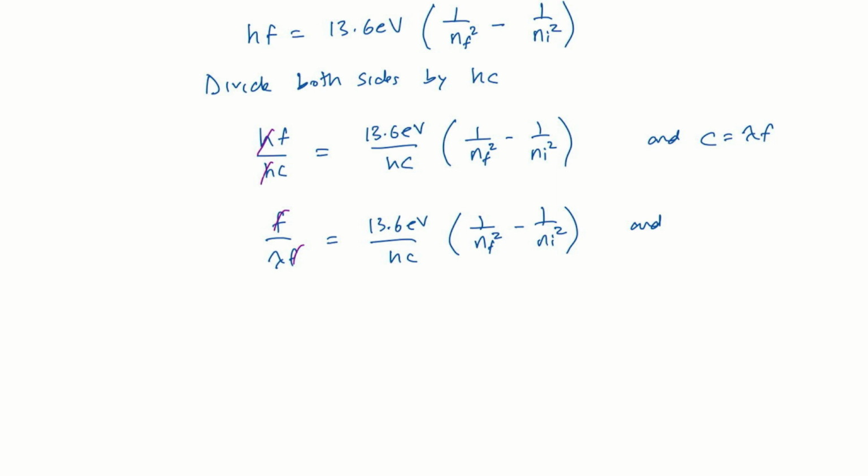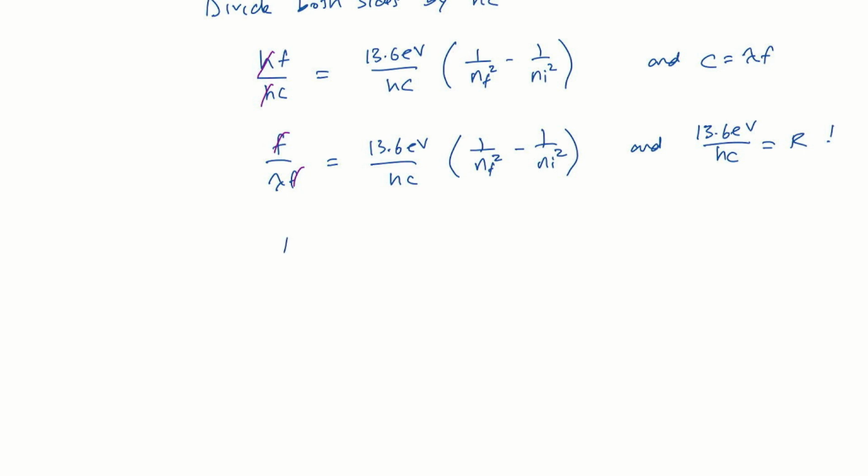And 13.6 electron volts over hc is equal to R. So we have 1 over lambda is R times 1 over n sub f squared minus 1 over n sub i squared.